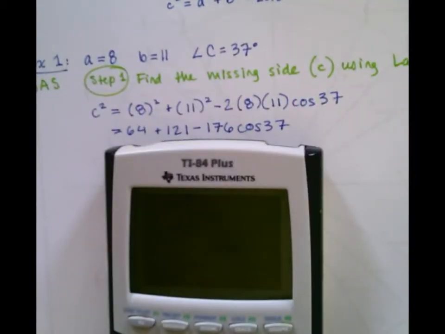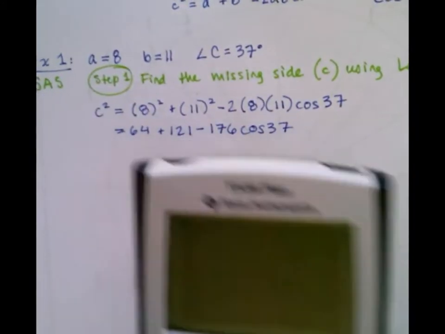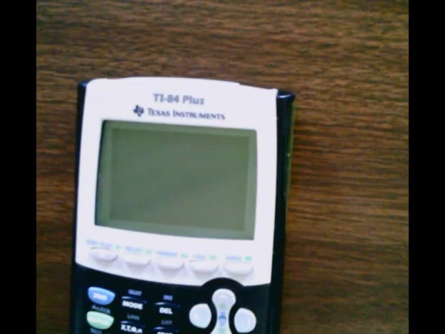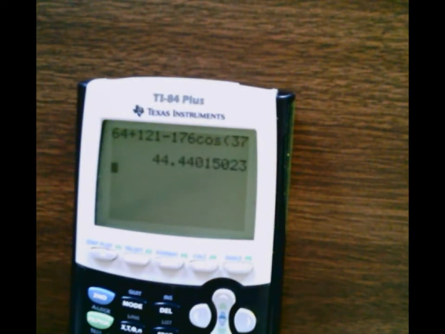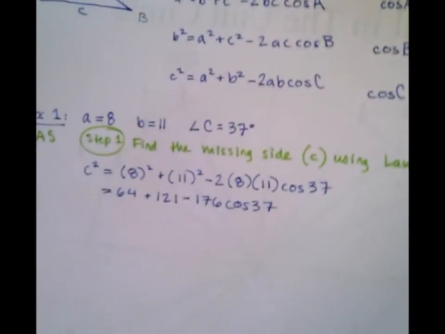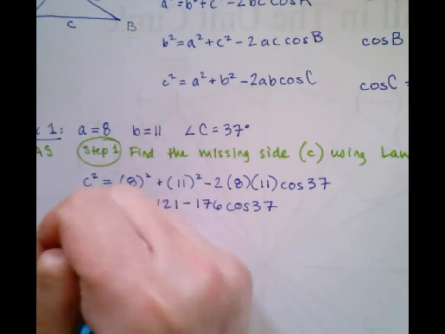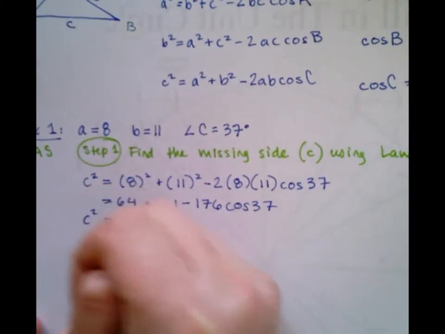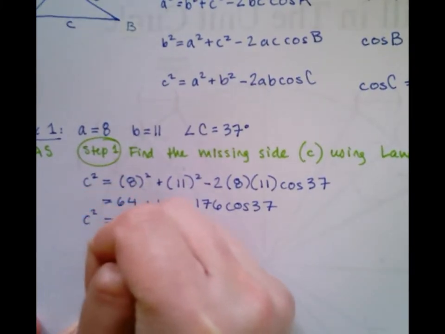It's kind of hard for you to see, so maybe I'll do this. If I do 64 plus 121 minus 176 times cosine of 37, it's going to spit out a value for us, which is 44.44. So now I know c squared is equal to 44.44.